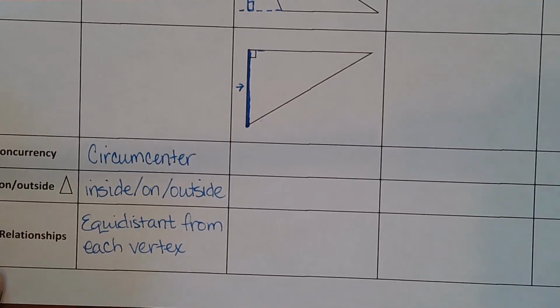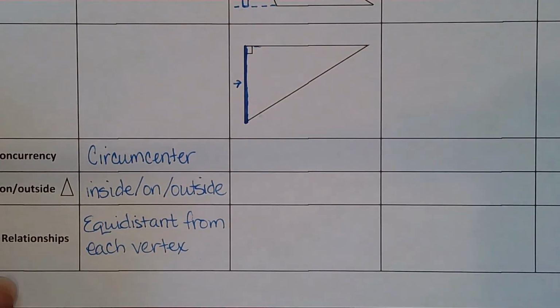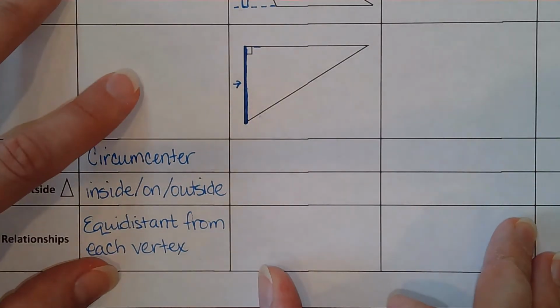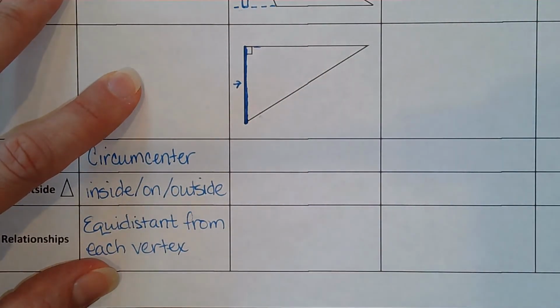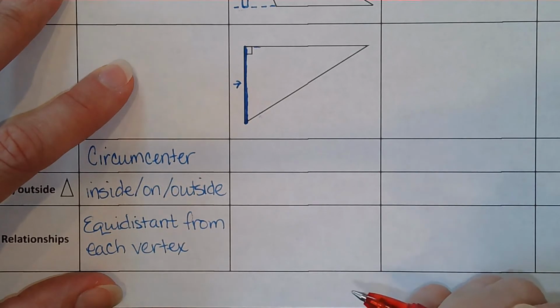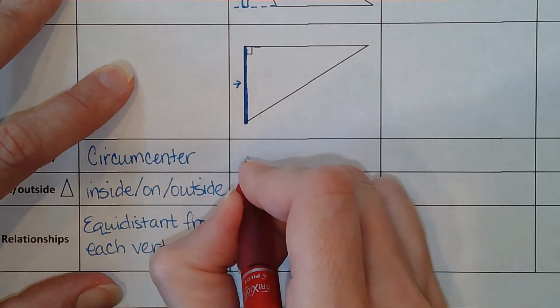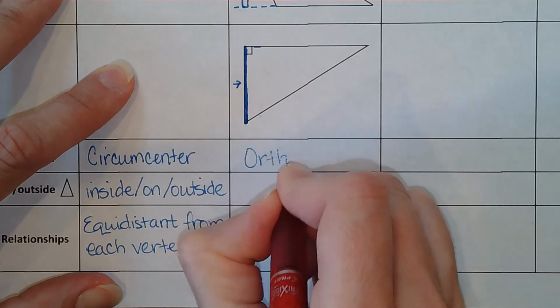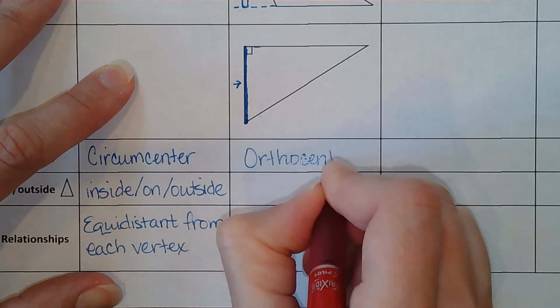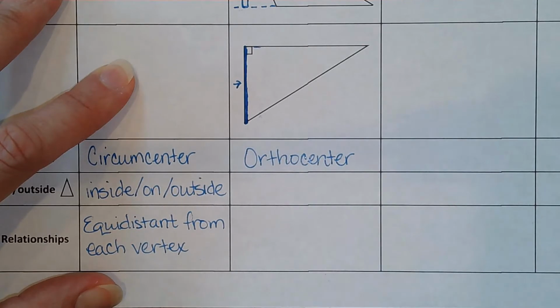So going back to our chart here, we're going to fill in this part underneath the triangles that we drew in. The point of concurrency with all of the altitudes is called the orthocenter. And the orthocenter can be inside, on, or outside of the triangle.